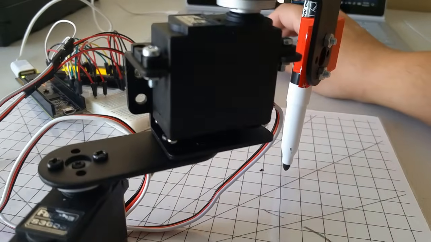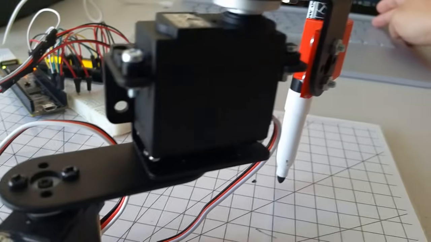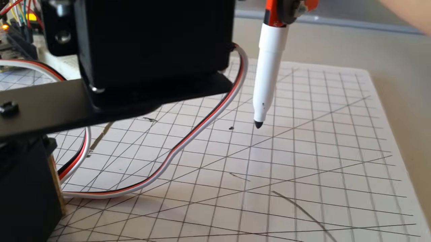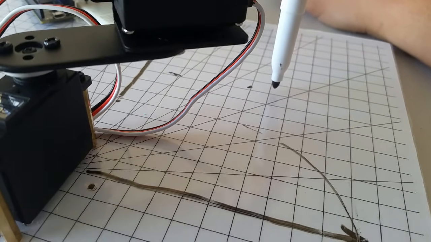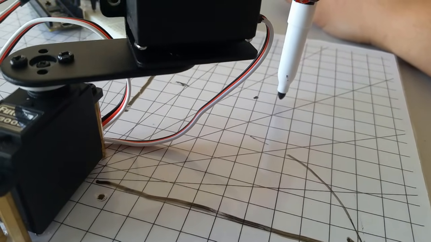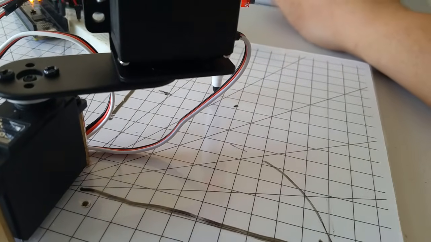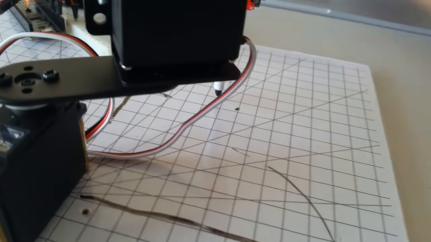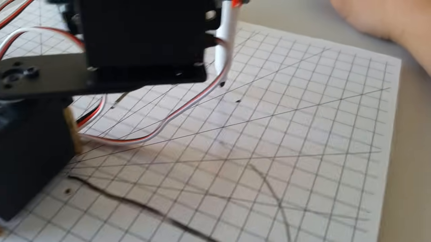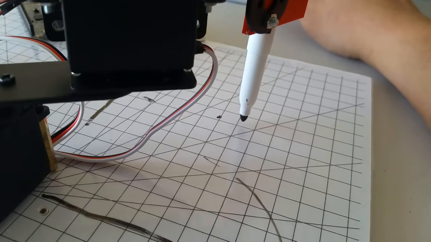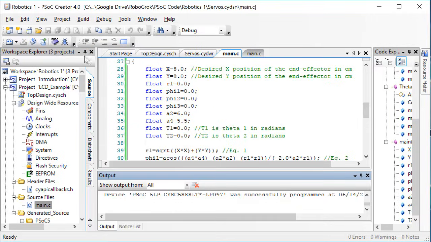Let's try and move it back to the left. We'll change the x from 8 back to 6. Program the PSoC. There we go. And now let's go back again. Change the x to 8. Let's see if we can make it go 2 less in y. Let's change y to 6.